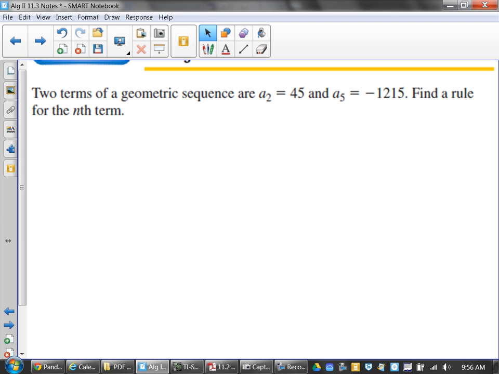It's very, very straightforward. So now we have two terms in a sequence. We need to find the rule. Remember yesterday when you had two terms in the arithmetic sequence, what did we do twice? We did systems, right? So we wrote down the generic rule twice, correct? What do you think I'm going to do now? Do that twice. So I'm going to write out the generic rule for the nth term twice.